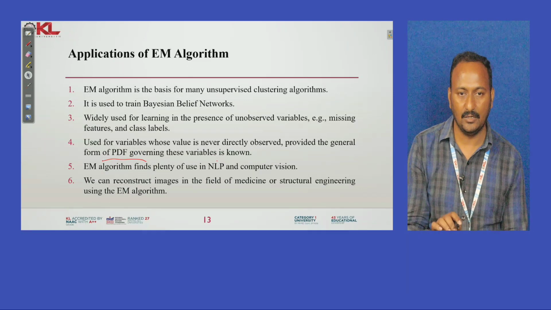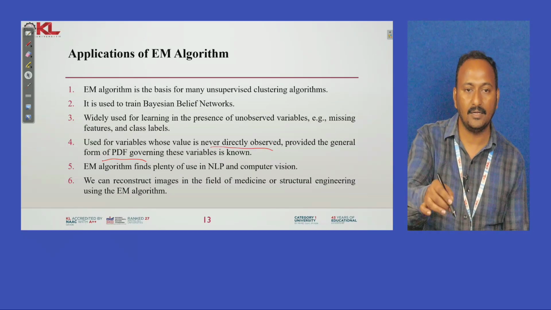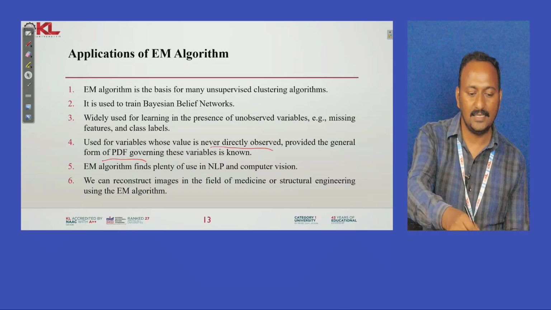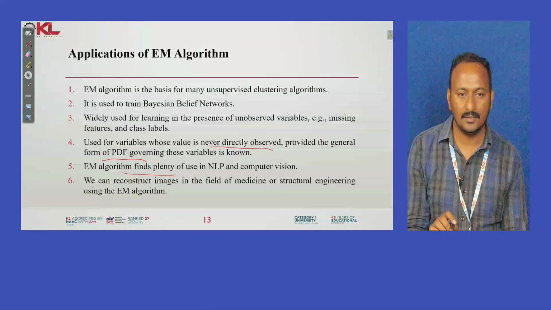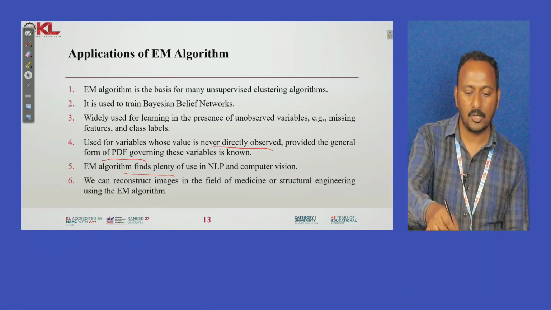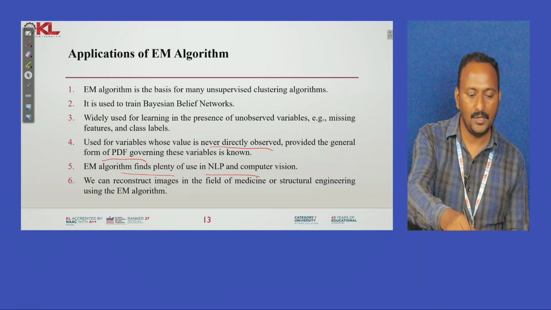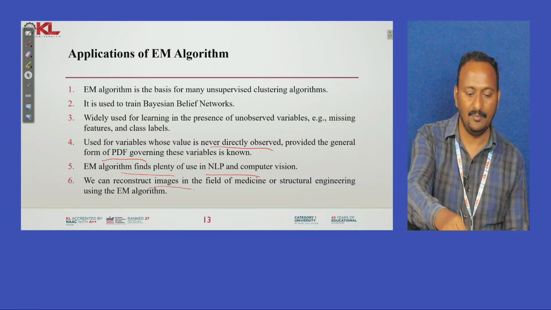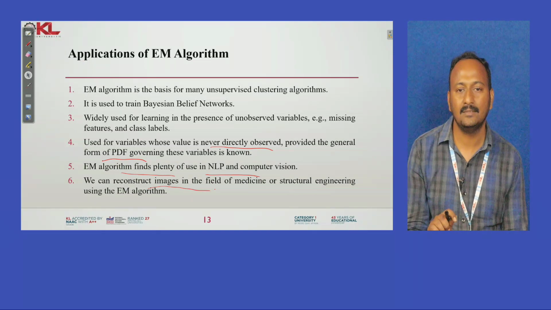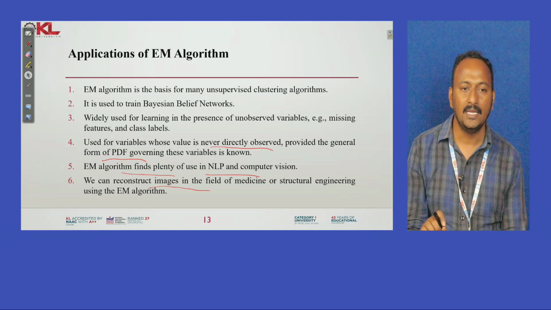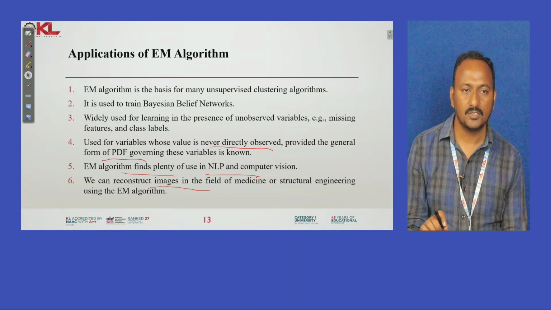The EM algorithm also finds plenty of use in natural language processing and computer vision too. Also it can reconstruct images in the field of medicine or structural engineering. So these are some applications.